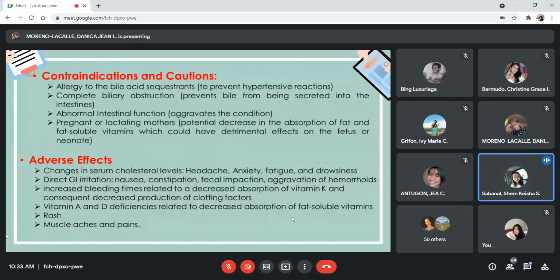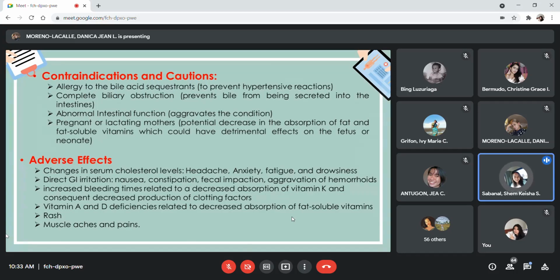So we have here the adverse effects. Of course, the adverse effects related to the change in cholesterol levels: headache, anxiety, fatigue, and drowsiness. We also have GI irritation, of course, because it works in our small intestine, so we have constipation and also increased bleeding related to decreased absorption of vitamin K and consequent decreased production of clotting factors.